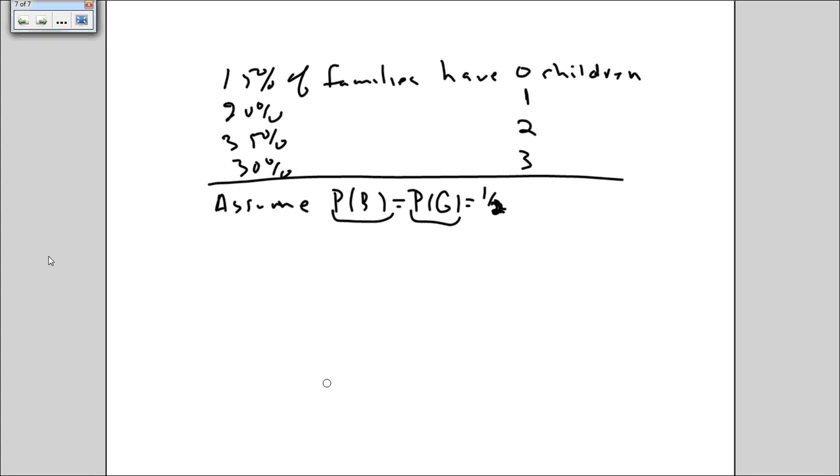What number, when you add it to itself, gives you 1? I call it unknown x. x plus x is 2x, 2x is 1. Divide both sides by 2, and you find out that x is a half. In any case, we're going to assume that the chances of having a boy or a girl are identical, so they both equal a half.